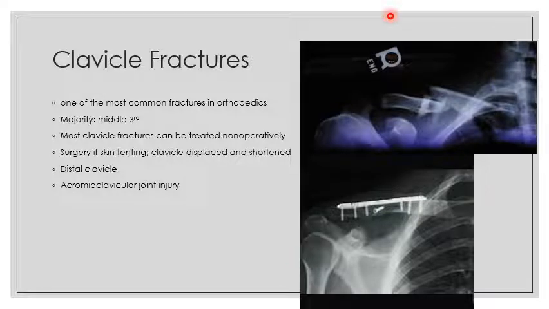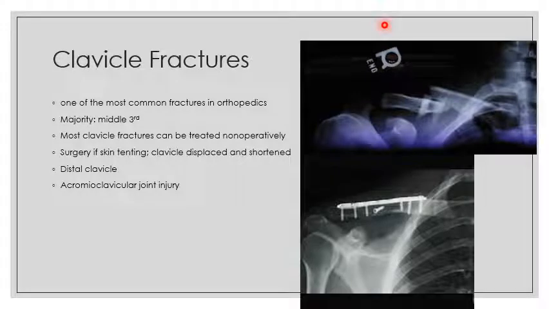Most clavicle fractures can be treated non-operatively, either with a sling, early range of motion, and gradual return to normal activities. So, we usually do surgery if the skin is tenting, or the clavicle is displaced and shortened. Like in this case, there's some degree of shortening, some comminution. So, we did some surgery for this patient.